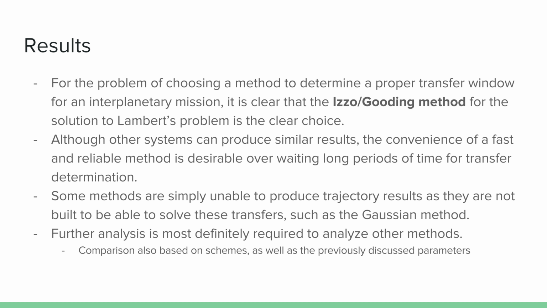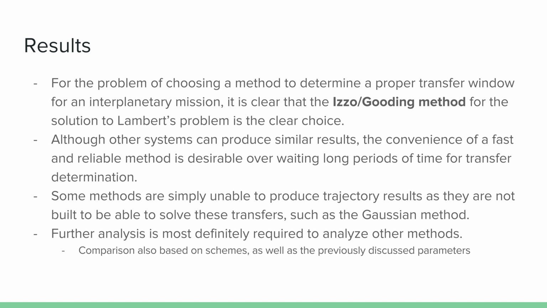The Izzo-Gooding method definitely produces the most convenient results, but further analysis would have to be done comparing other Lambert solutions to make sure that this one was actually the best. And other parameters should probably be compared, such as the actual calculation schemes that are implemented, so that we can cement these results and determine which Lambert solution is best for which kind of trajectories.